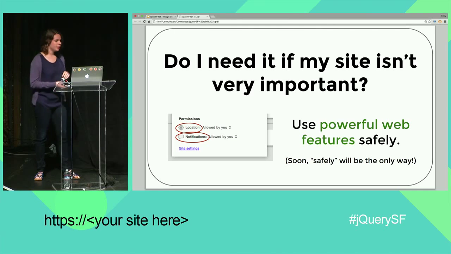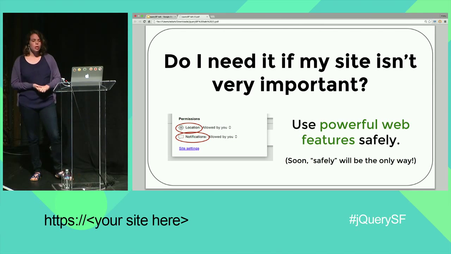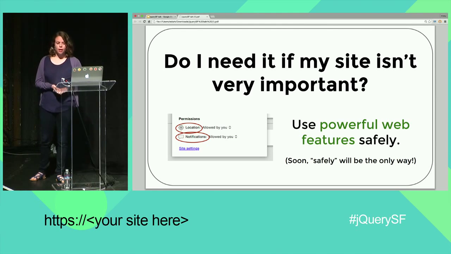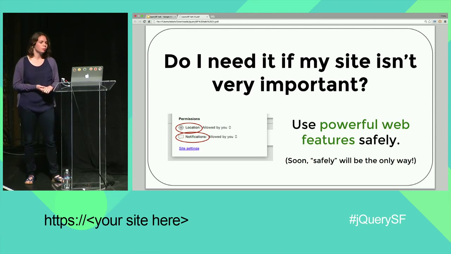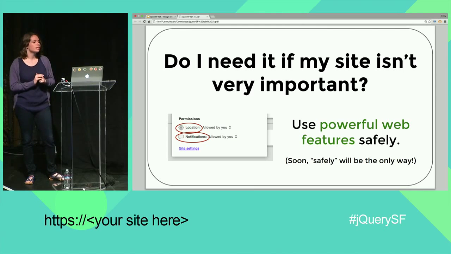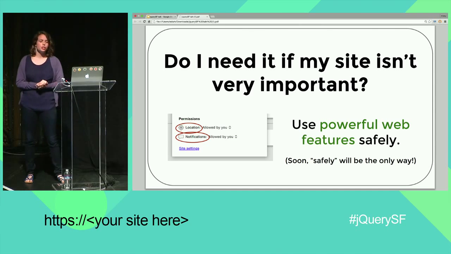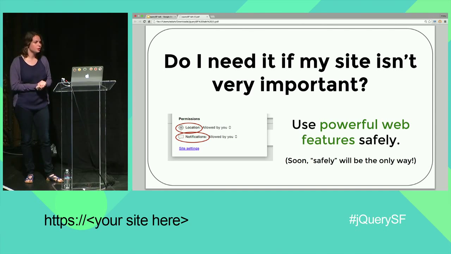Geolocation, full screen, notifications, service workers. All this cool new functionality is so important and so powerful that browsers prompt users before they give websites access to these features. So anytime a website tries to access your location, you'll see a notification from the browser asking you if it's okay if this website uses your location.